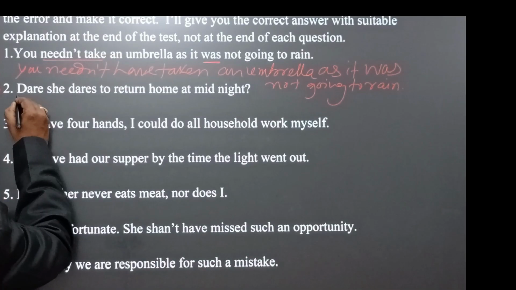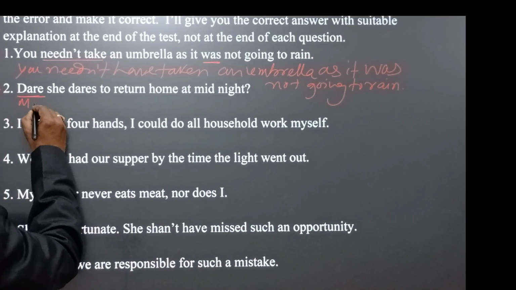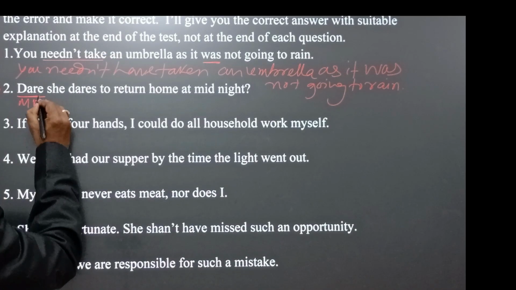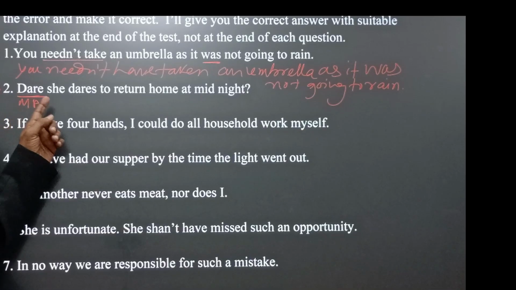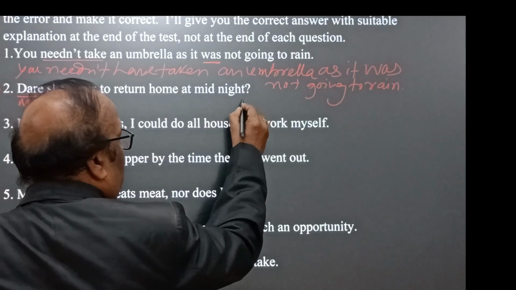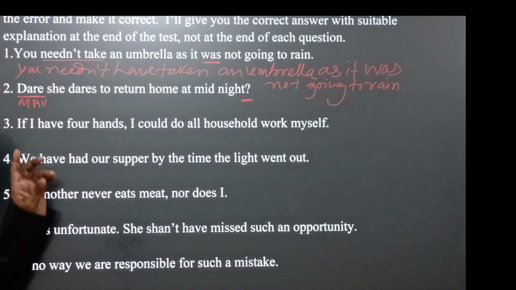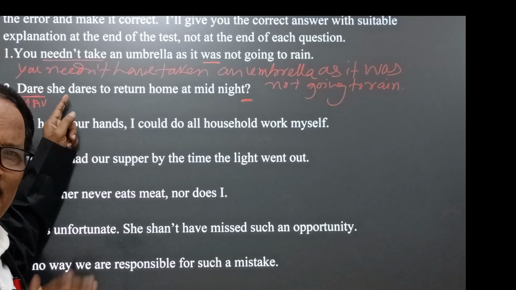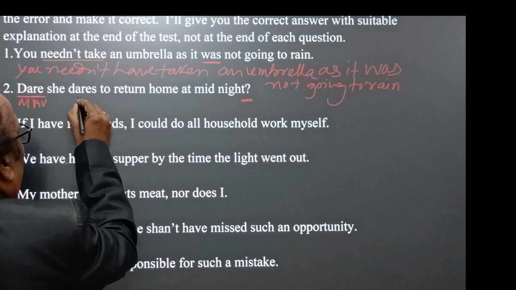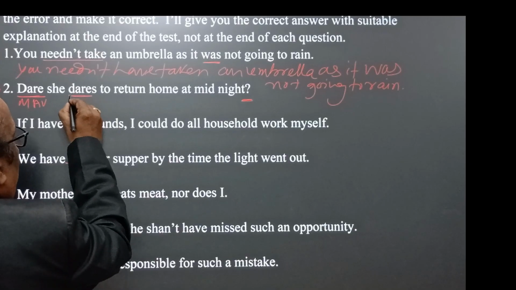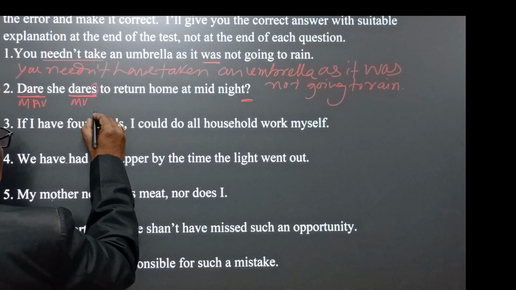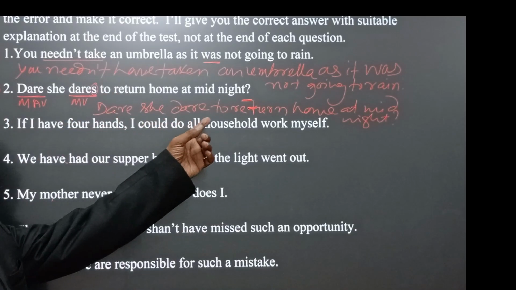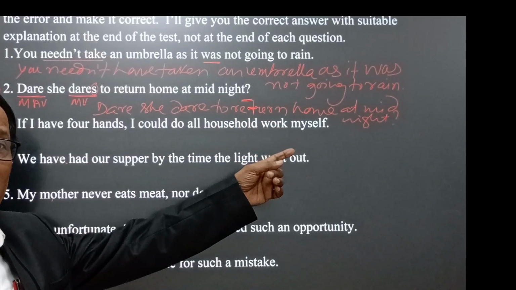Here first there is a modal auxiliary verb. This is a question sentence. Therefore, the modal auxiliary verb has been used at the beginning of the sentence. She is the subject, then there. Here, this is wrong. And the correct answer is: dare she dare to return home at midnight.